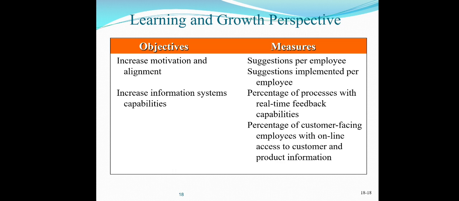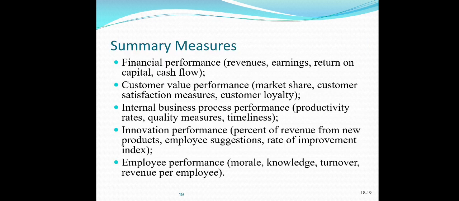The measures are like suggestions per employee, suggestions implemented per employee. For increased information system capabilities, the measure can be the percentage of processes with real-time feedback capabilities. Okay, this is the summary.